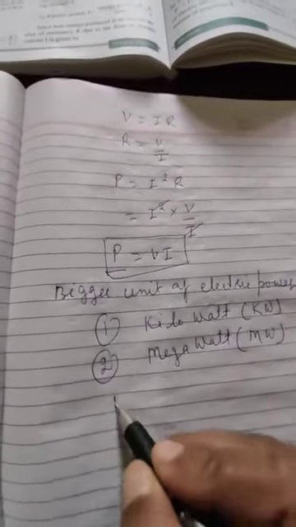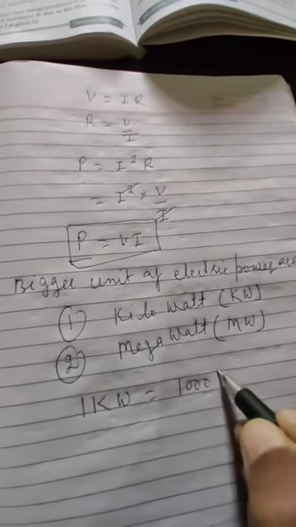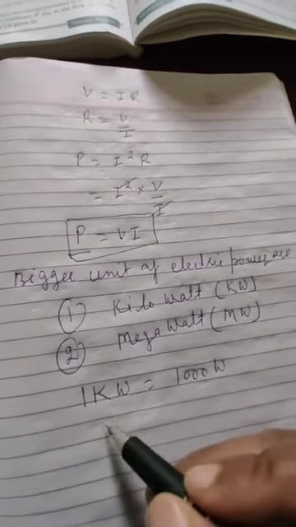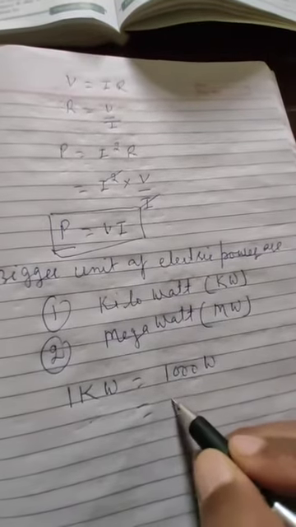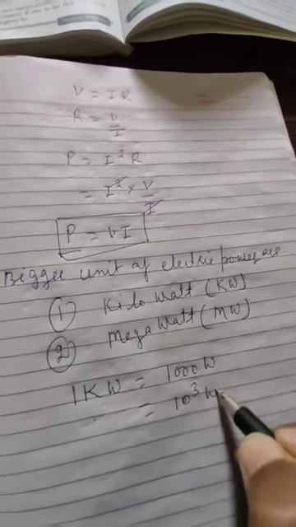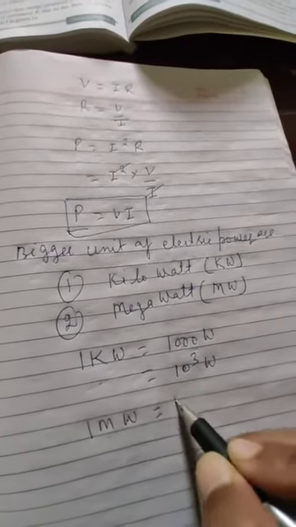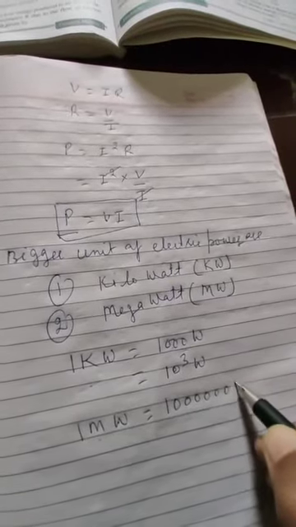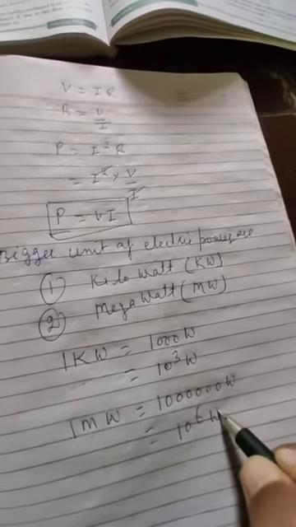So 1 kilowatt is equal to 1000 watt. This is the relation between the bigger unit and the smaller unit. 1 kilowatt is equal to 1000 watt, which can be written like this. How many zeros are there? 3. So 10 raised to power 3 watt. Then 1 megawatt is equal to 10 raised to power 6 watt, that is 1, 2, 3, 4, 5, 6 zeros.